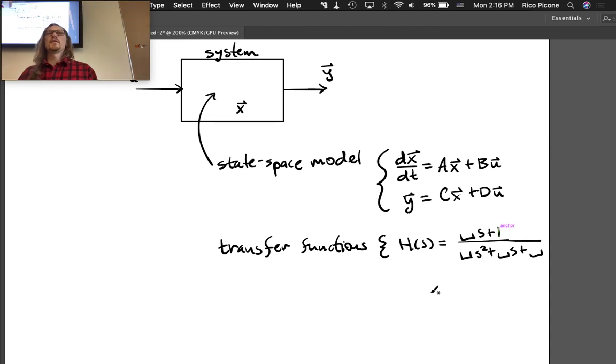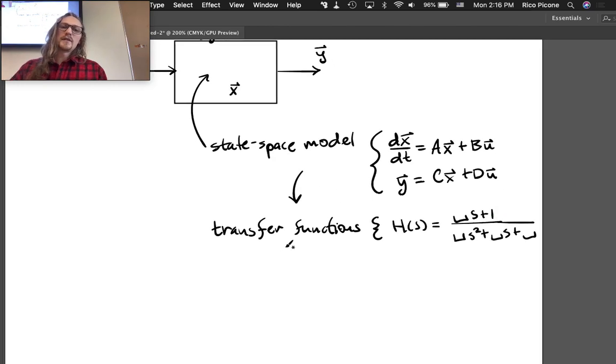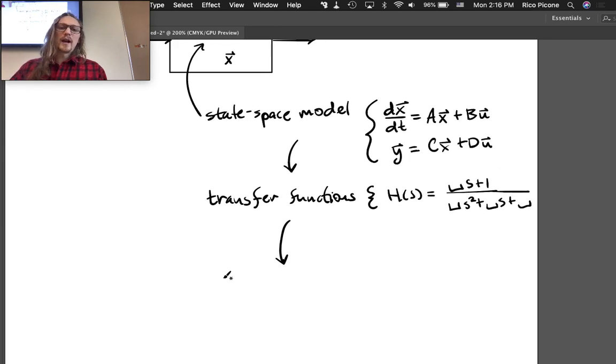And this is the ratio of the output over input in the Laplace transform domain, right? So s is the Laplace transform variable. And we talked about those just in passing. We're going to talk about them in more detail this semester. But we found these transfer functions as a bridge to go from the state space model to the input-output ODE model, I guess.